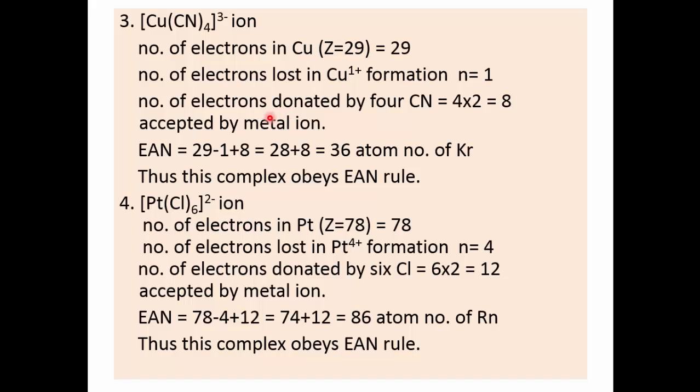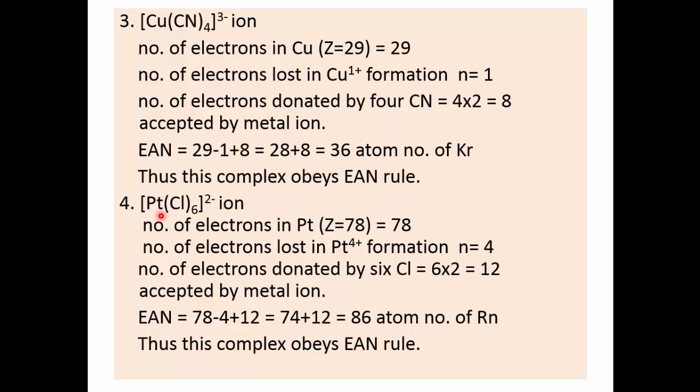Now there are 4 cyanide ligands which donate 4 into 2, 8 electrons, which are accepted by copper metal ion. Substitute these values in this formula. EAN is equal to Z minus N plus X, that means 28 plus 8 is equal to 36, which is again the atomic number of krypton. Hence this complex ion also obeys EAN rule.